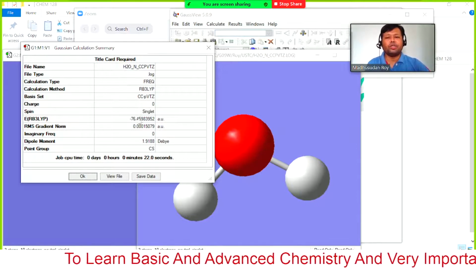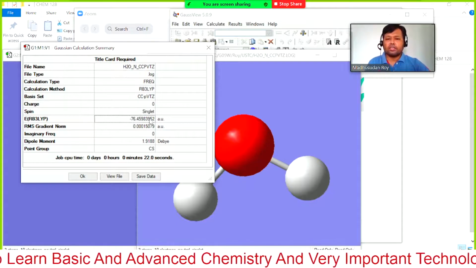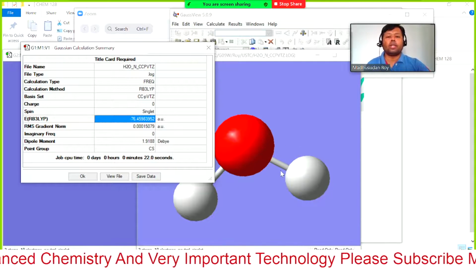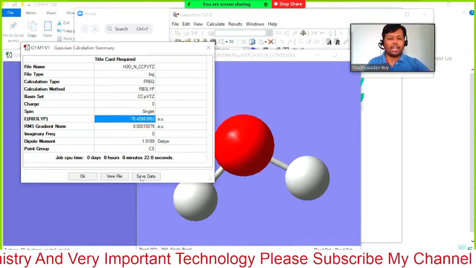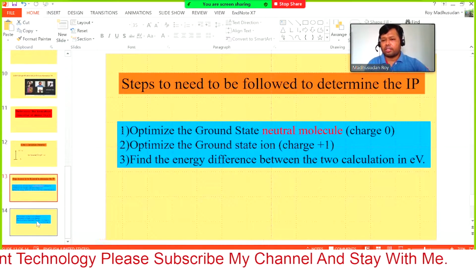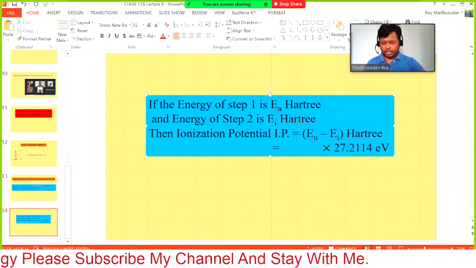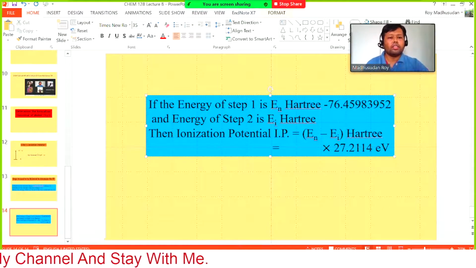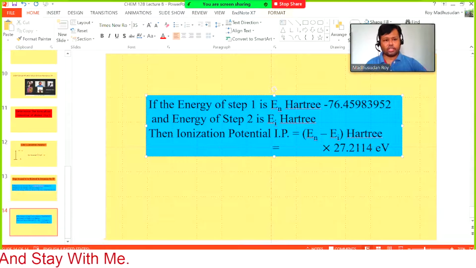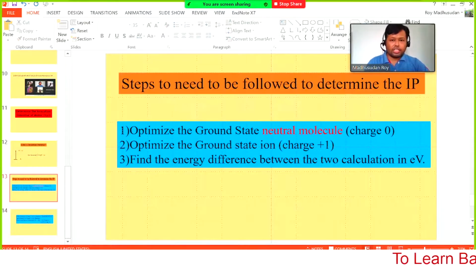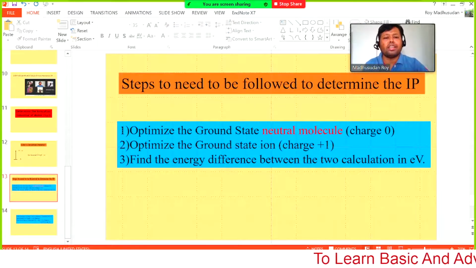So let us find this value, which is the energy of the neutral molecule. So we need the energy, so let us put the energy of this, minus 76 point. And now we need to find the next step. The second step we have mentioned is to optimize the ground state ion charge.